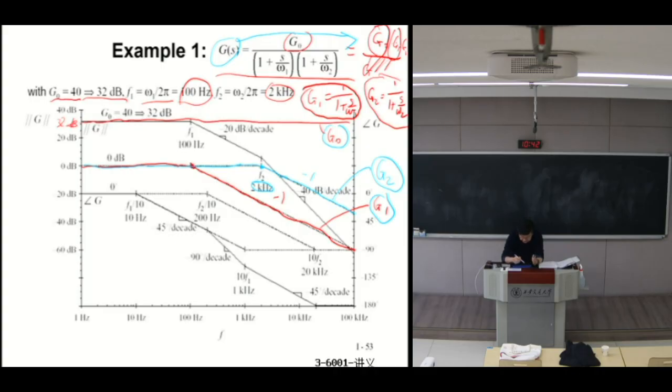You can see G0 is at 32 dB, and G1 and G2 are both at 0 dB. So when you add these three together, it is still 32 dB.